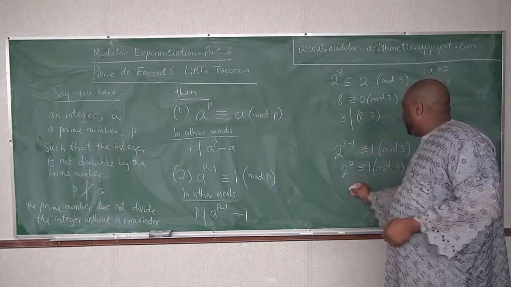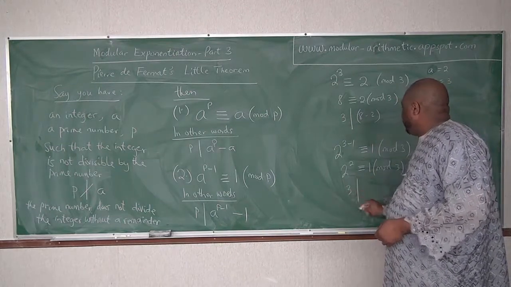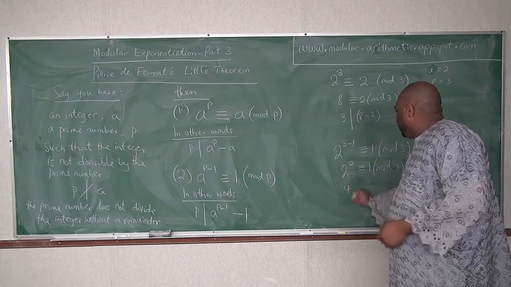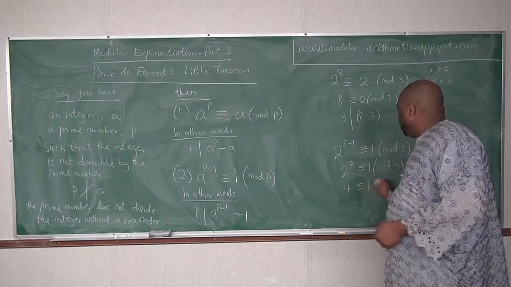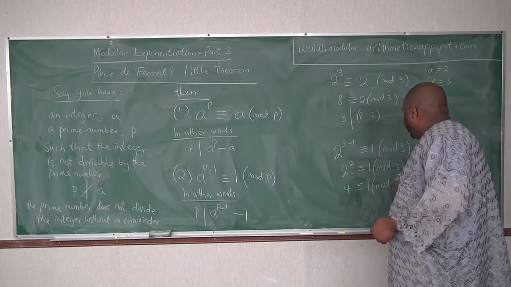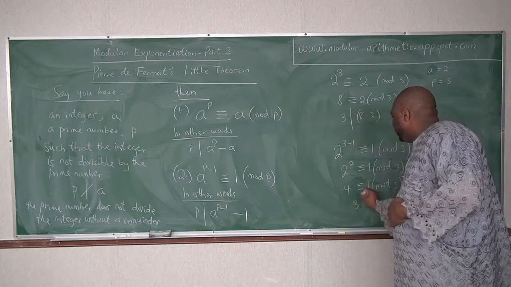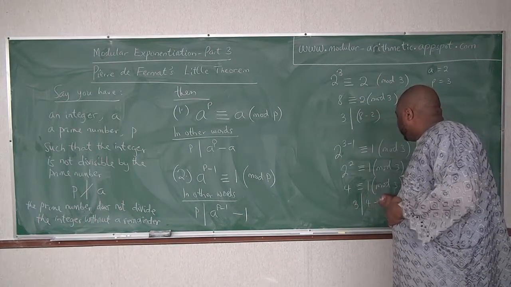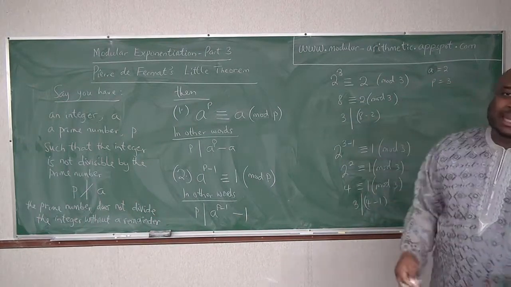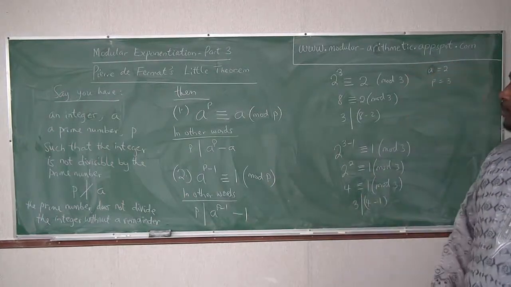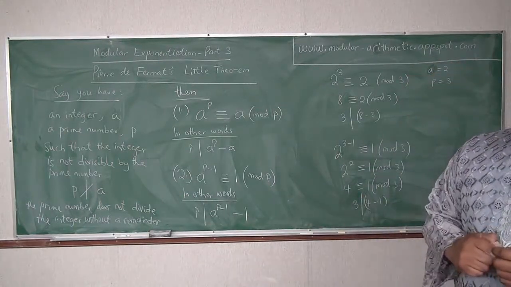So this is 4 is congruent to 1 in mod 3. So he is saying that 3 will divide 4 minus 1. That is what he's saying. These two. That is going to divide that.